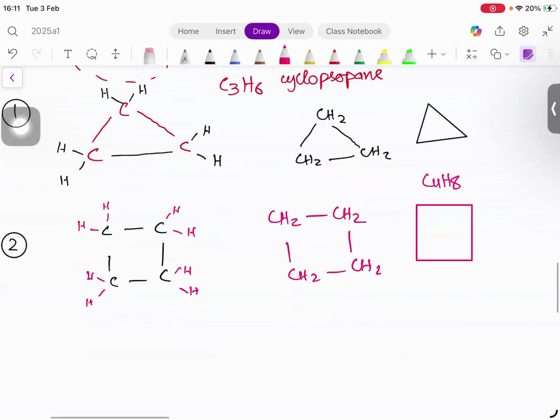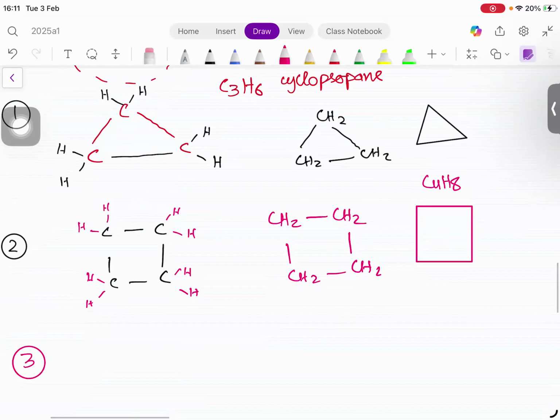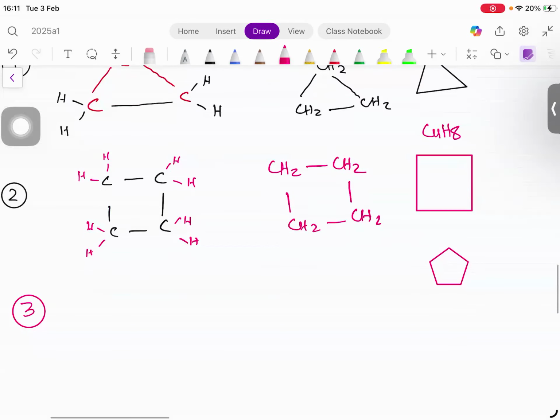Number 3, if there are 5 carbons in the chain, they will look like pentane. You have to draw both structures. I'm just drawing the skeletal one. This is pentane. Please draw the displayed and structural. And the last one is cyclohexane. These are in our syllabus only.